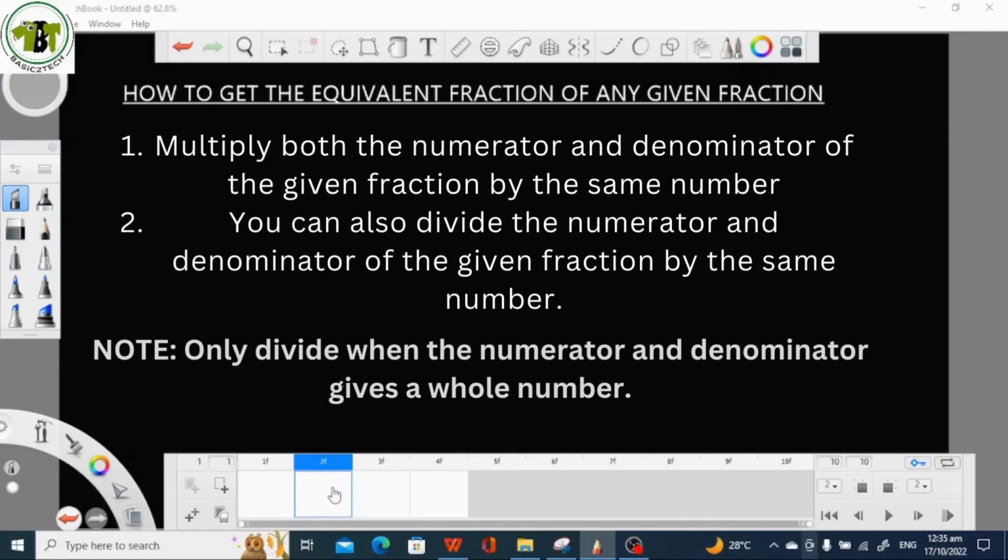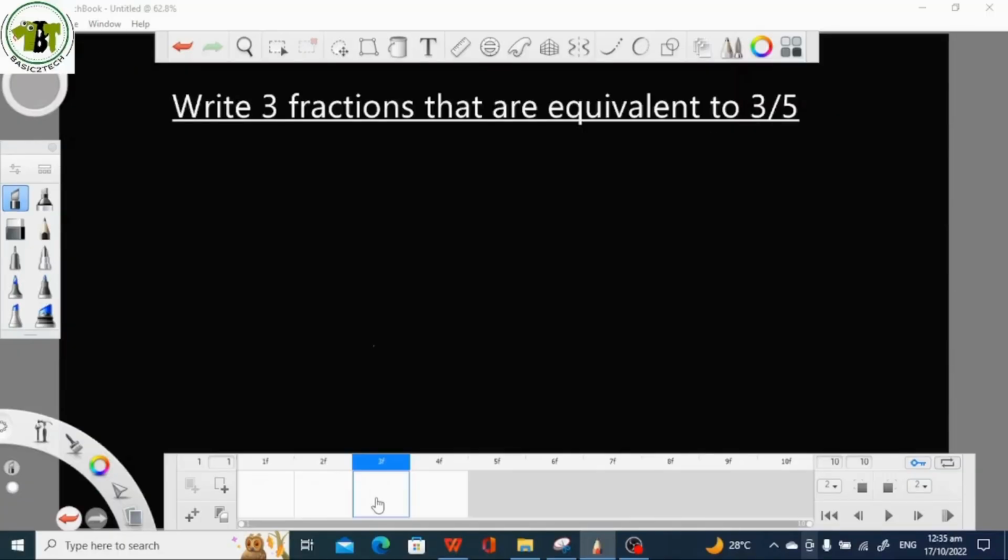Alright, so let's look at how to get an equivalent fraction of any given fraction. Here's our first example. We're asked to write 3 fractions that are equivalent to 3 over 5. We can start with 2. It means that we multiply the numerator and denominator by 2.